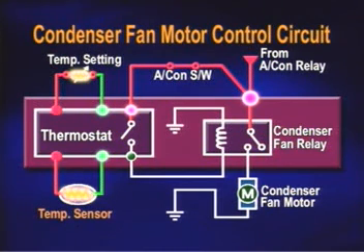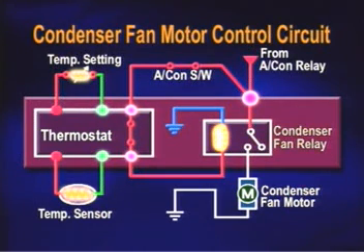The thermostat compares the temperature sensor value with the temperature setting value, and supplies positive current to the condenser fan relay when the required temperature is lower than the inside temperature. Then, the condenser fan relay turns on, and standby power is supplied to the condenser to operate the fan motor.